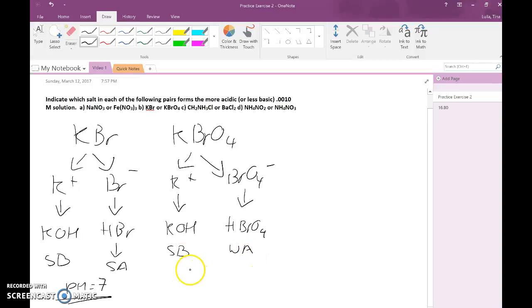Strong base, weak acid. So this is going to be a basic solution. Again, the question said which is more acidic. So since KBrO4 is basic, the more acidic one is going to be KBr. Even though KBr is neutral, it is less basic than KBrO4. So that was for letter B.